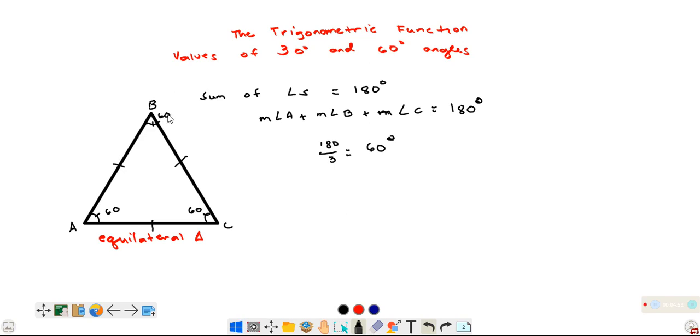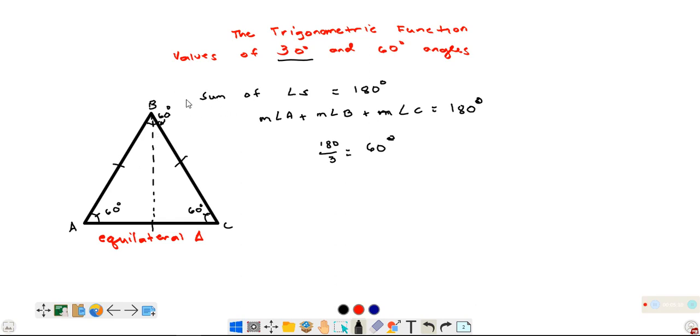Dito ko na lang sa labas ilalagay, kasi gagamitin ko tong interior part maya-maya. So we have the measurement of each angle is equal to 60 degrees. Now, paano natin mahahanap si 30 degrees? We are going to make use of half of this equilateral triangle. If you draw an angle bisector from B going to its opposite side, AC, you will get the perpendicular bisector.